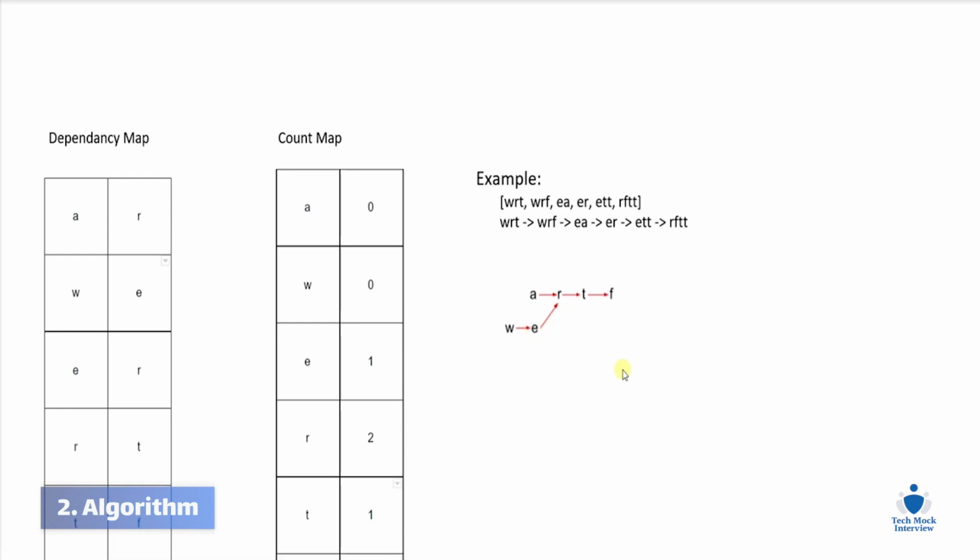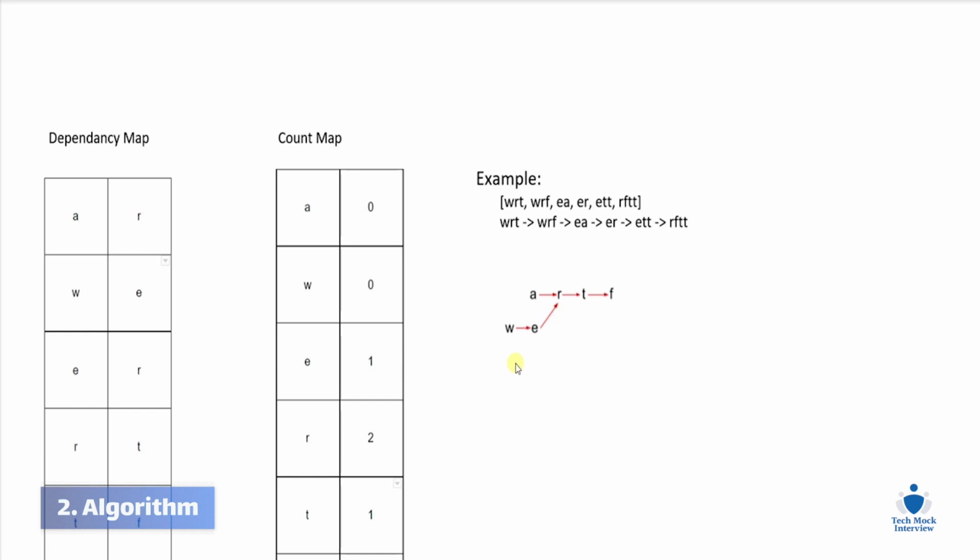All right, so now that we found the answer, what is the answer for this problem? We need a string that has all the letters in the alien language in topological order, and lexicographically increasing order.